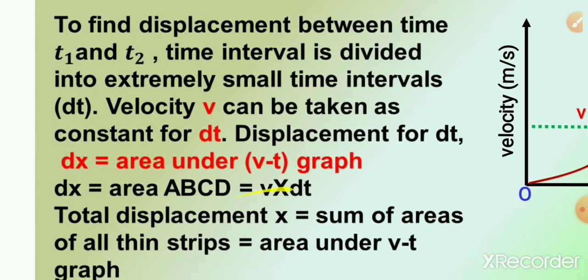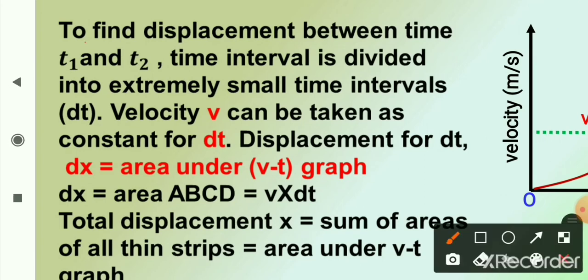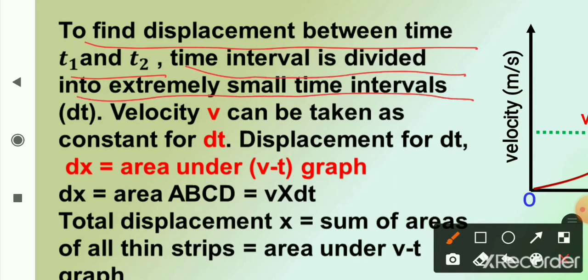So let's see how we write it. Now to find displacement between time interval t1 and t2, the time interval is divided into extremely small time intervals dt. Velocity v can be taken as constant for time interval dt.